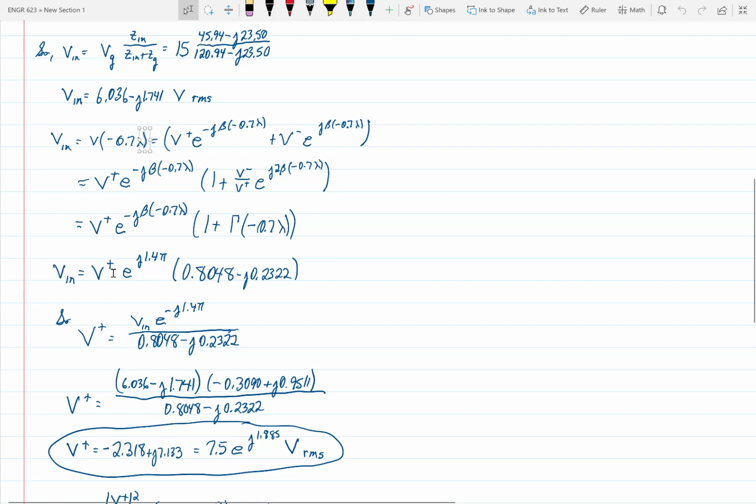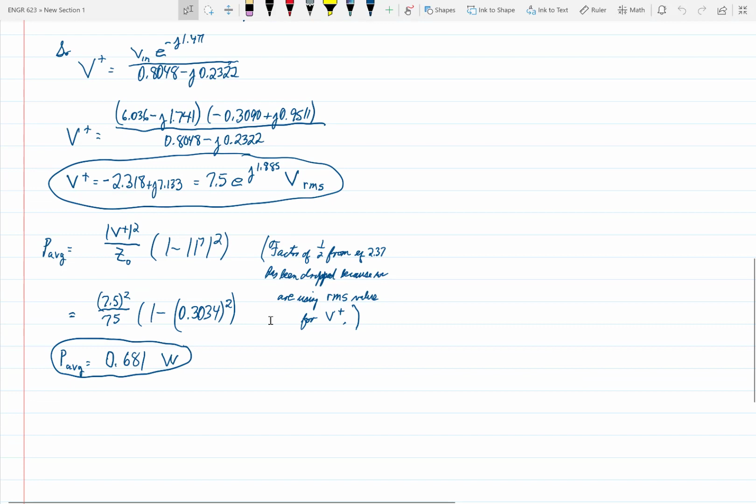The V plus comes down, and so now we're able to solve for V plus in terms of this Vin, which we have just calculated above. And that's important here because our formula for the power is in terms of V plus, so that's why we're doing these steps here, is we want to find V plus so that we can use that formula.